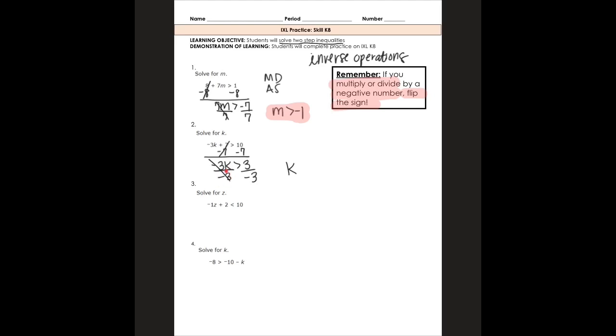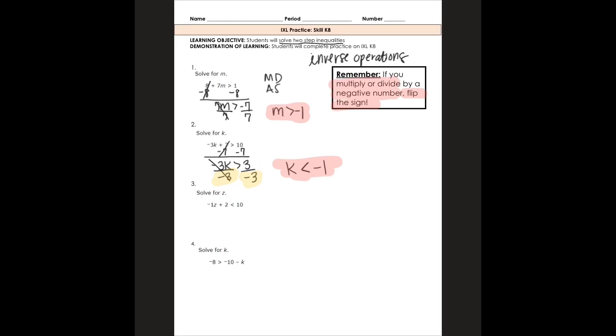Since we divided by this negative here, we need to flip the sign. So k is less than negative 1 because 3 divided by negative 3 is negative 1. We divided by the negative, so we flip the sign, and that's our final answer.